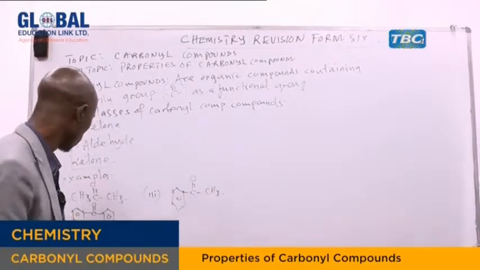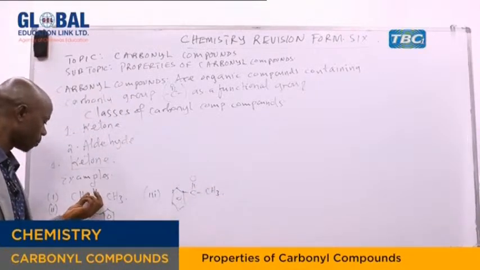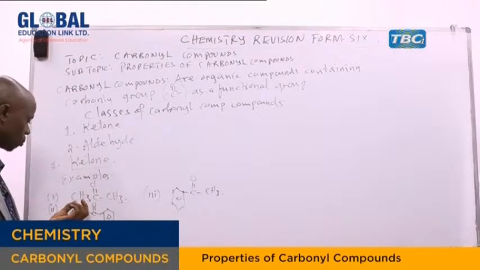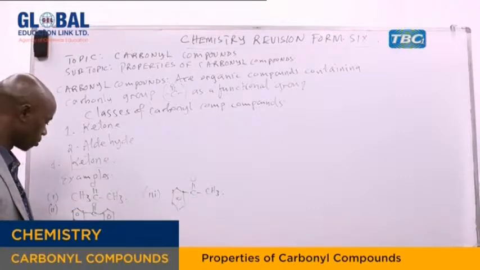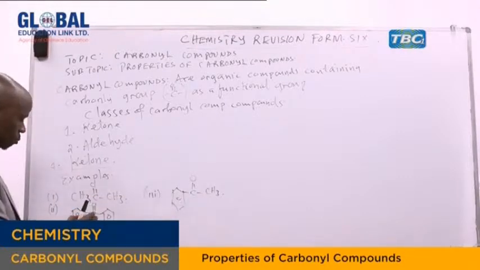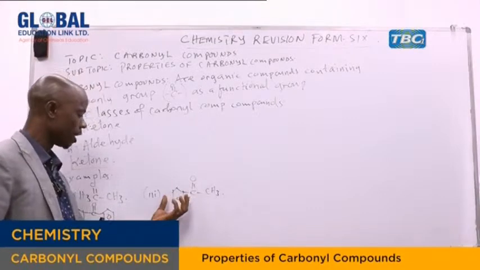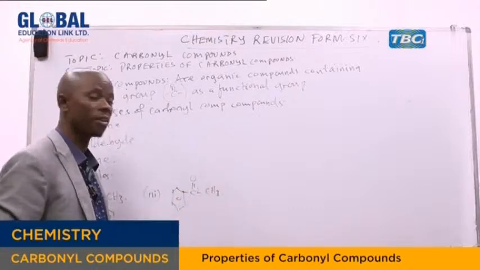So in the first example, the carbonyl group is present between two alkyl groups. We have a methyl group and another methyl group. And also when you come to this particular part, this group is present between two groups. We have a phenyl group and another phenyl group. These are aryl groups. And also here we have an aryl group and a methyl group.